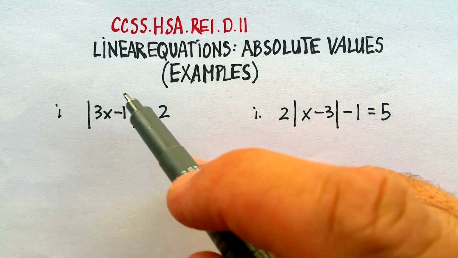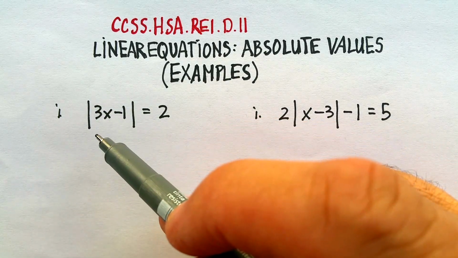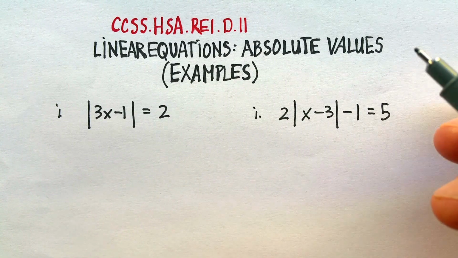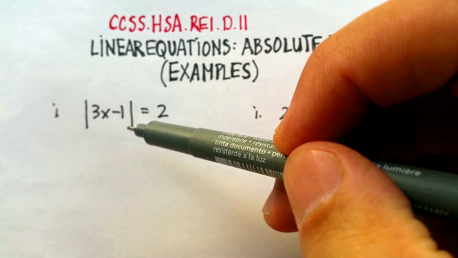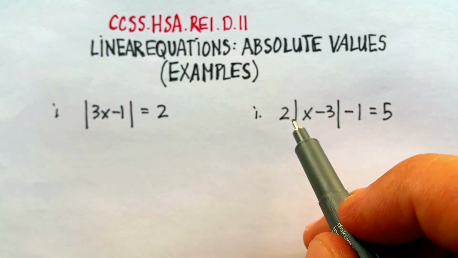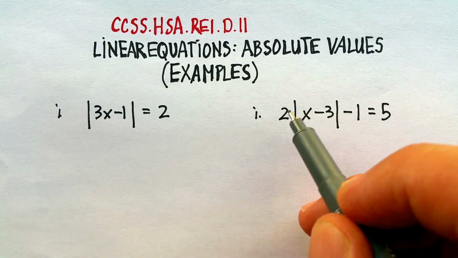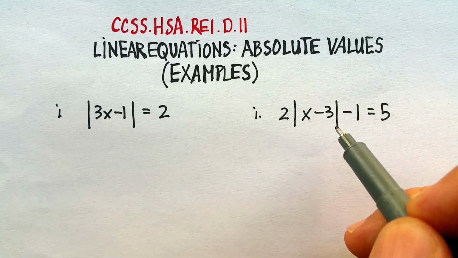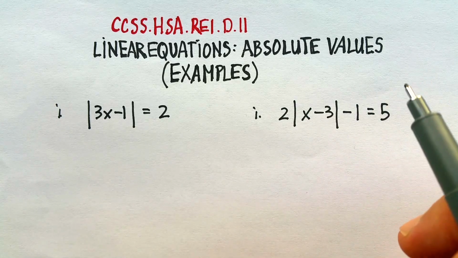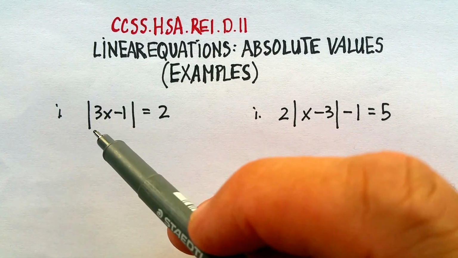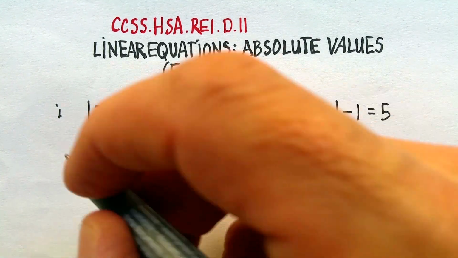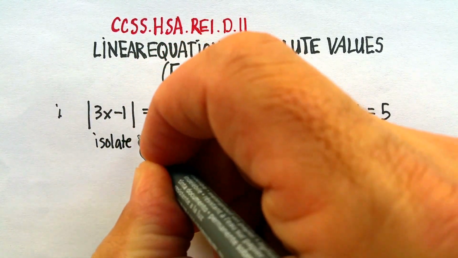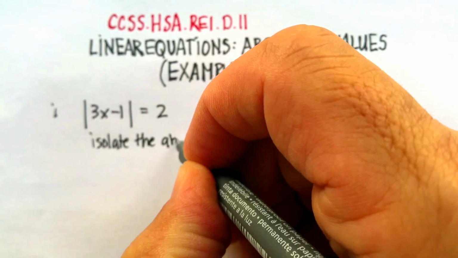You want to keep it clean before you start solving it. Even though absolute values are grouping symbols, you wouldn't distribute like you would with parentheses. So that's the first difference between absolute value signs and parentheses. Isolate the absolute value. I'm just going to write that in here real quickly.